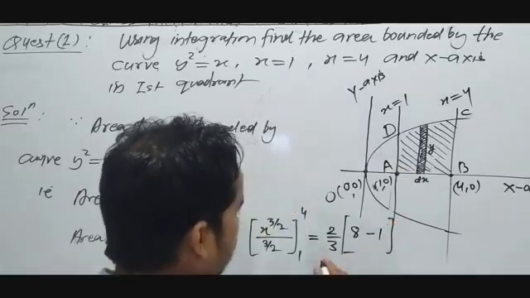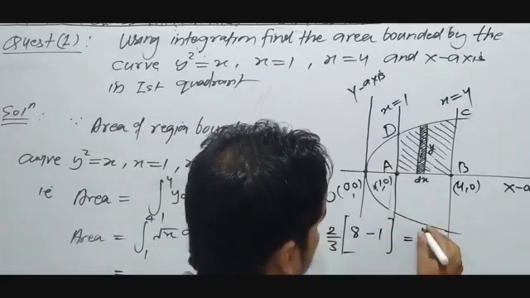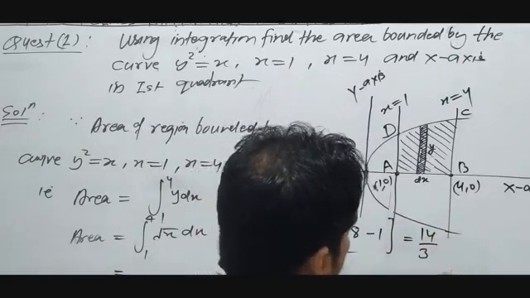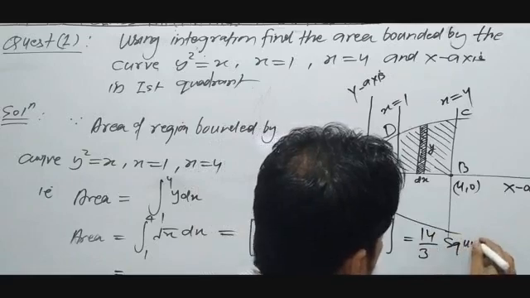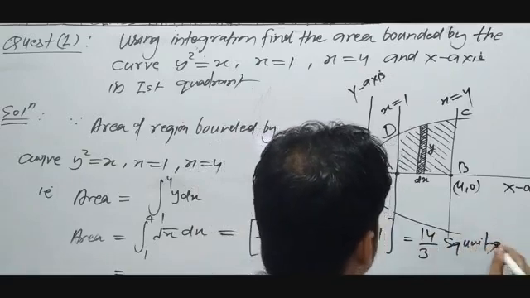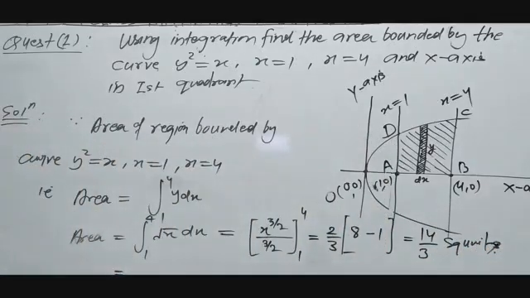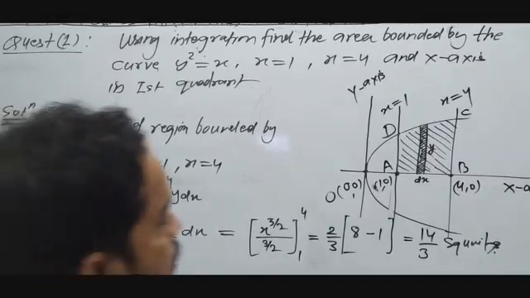Now 8 minus 1 is 7, and 7 twos are 14, so 14 by 3 square unit. This is the area bounded by the curves. Now this is the answer.